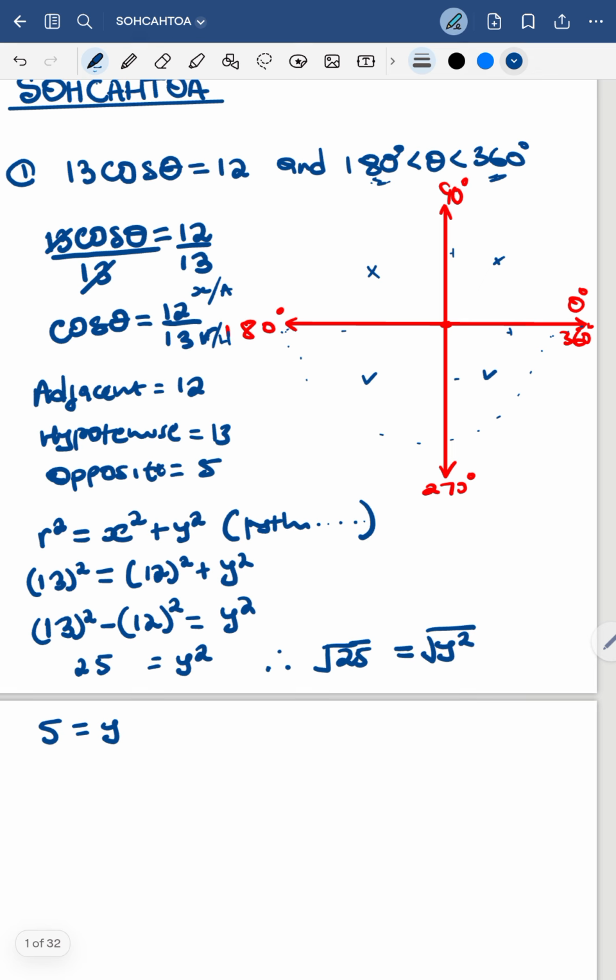Now let's go to our Cartesian plane. So if we can see now in our Cartesian plane, we said that, okay, let me just remove this. We said that we want to see now between these quadrants, because they said that our theta is between third and the fourth quadrant. So if you don't know the quadrants, this is the first quadrant, this is the second quadrant, this is the third, this is the fourth.